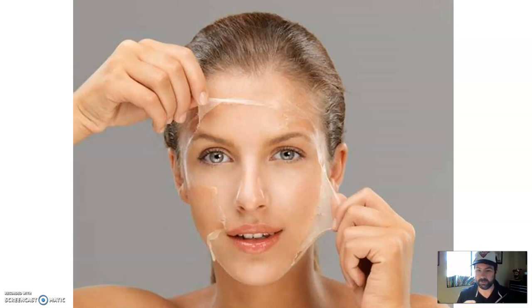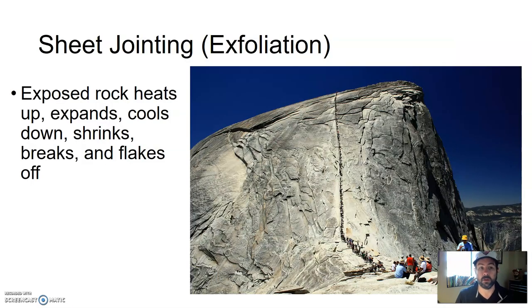I've never done this; it's outside my realm. But I'm assuming this person puts some sort of stuff on their face to peel off to help exfoliate their skin, revealing new layers. Well, the same thing happens in rocks, and it's a type of mechanical weathering called sheet jointing, sometimes known as exfoliation.